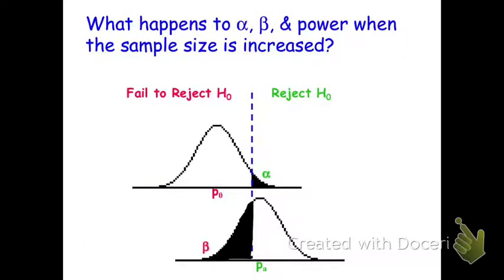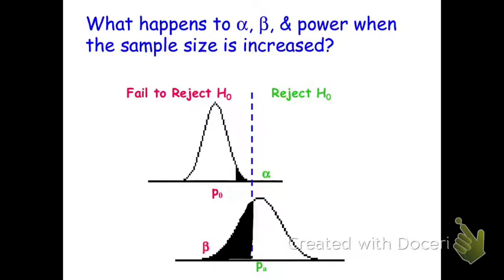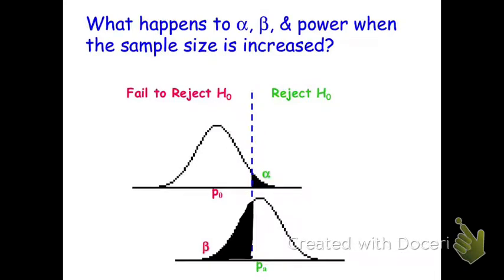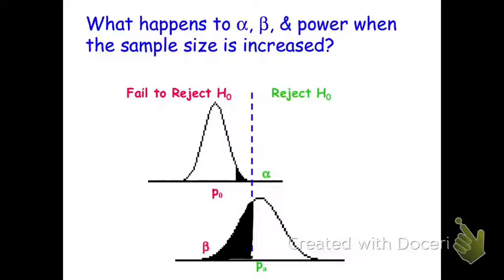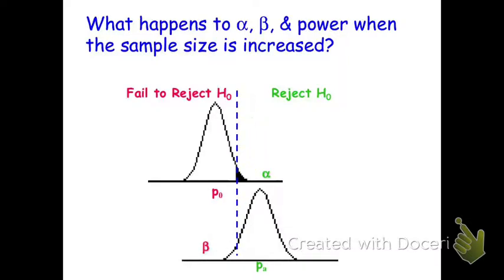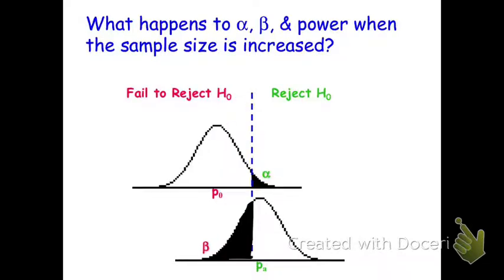And then the last thing that we could do to our sample is increase the sample size. What does that do? Here's a sample size of 100, here's a sample size of 200. So the larger the sample size, the narrower the curve. This is a small sample size.